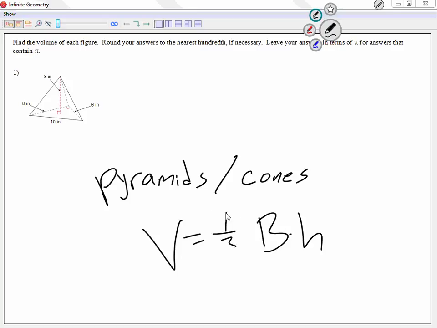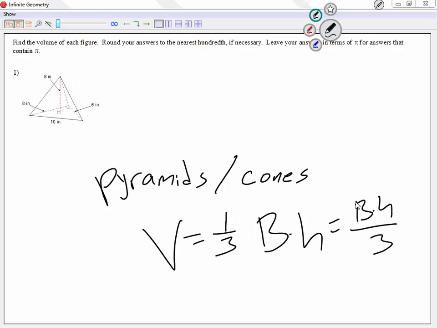So the formula is going to be the volume. The volume for a pyramid or a cone is going to be one third times base and height. And the one third, because once again, we filled it up in three times. If you Google the formula, sometimes they say base times height divided by 3. But that's the same thing, right? One third or divided by 3 is the same thing.